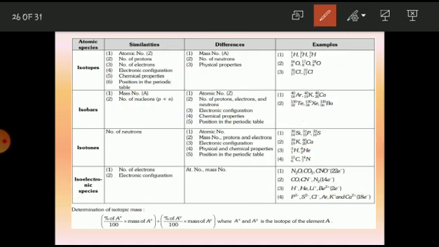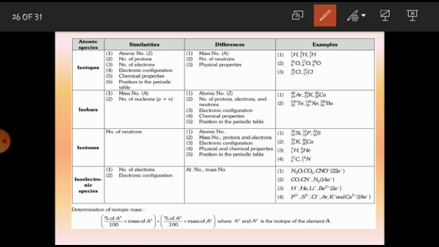So these are the atomic species which are very important for the competitive exams. So you should remember the examples of each atomic species, whether it is isotopes or isobar or isotone or isoelectronic species. So it is very simple. Once again I will revise this. Isotopes, if the species having the same atomic number but different mass number, such type of species are called isotopes.